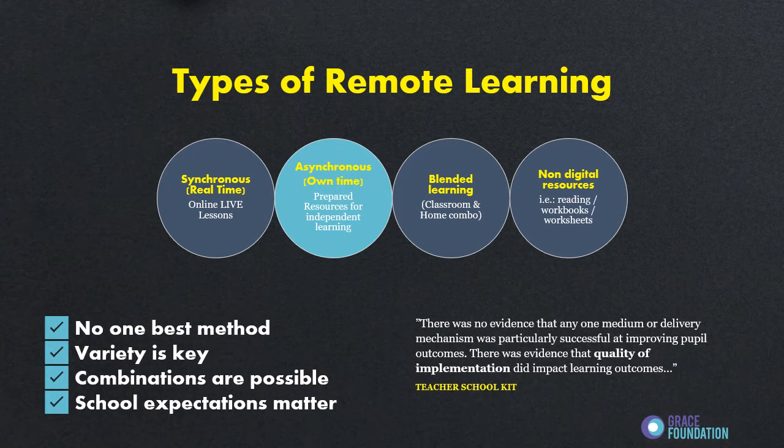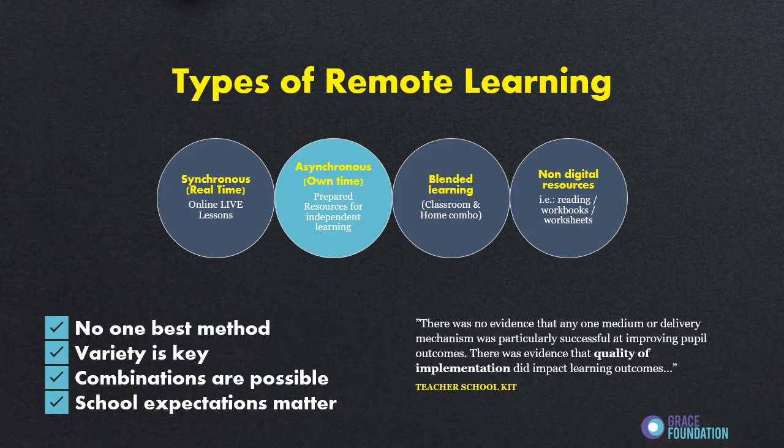What experts have found over the last year is that there's no one best method of doing this. There's no silver bullet when it comes to remote learning. And in fact, variety is key to success. Combining things is possible, and certainly this is the way I think the future is going to go, being able to use different methods of learning and execute them in different ways depending on your context and your needs.